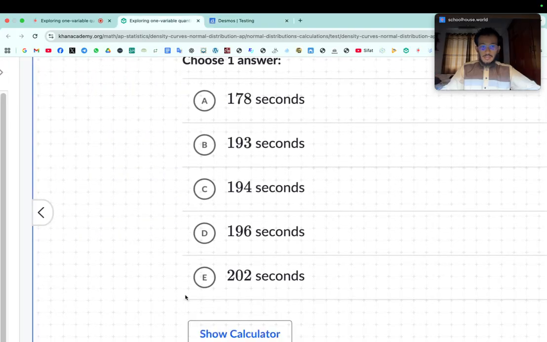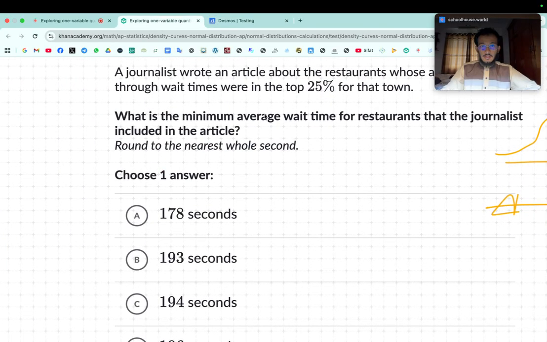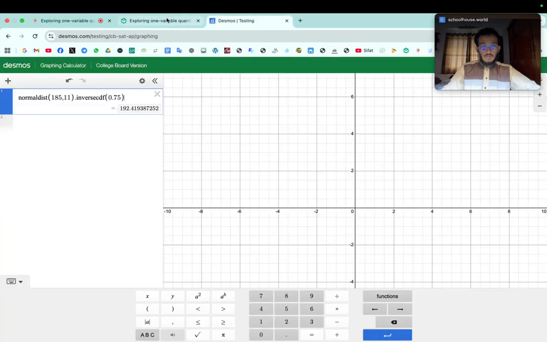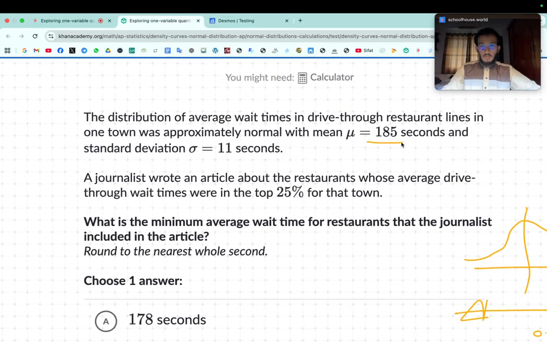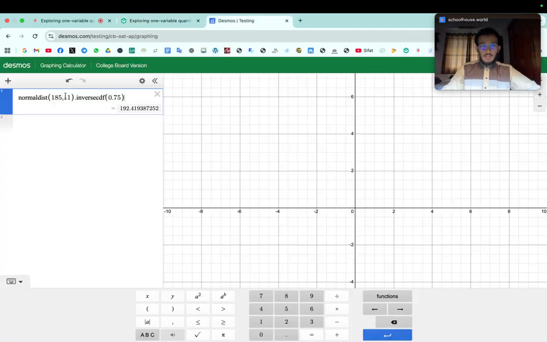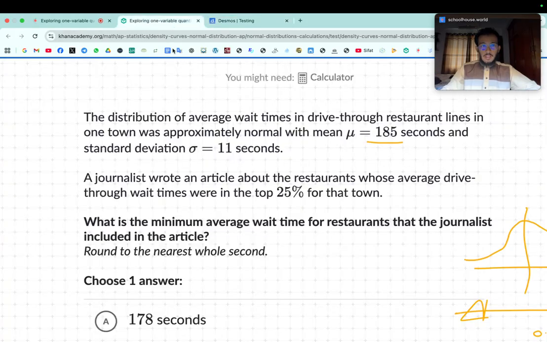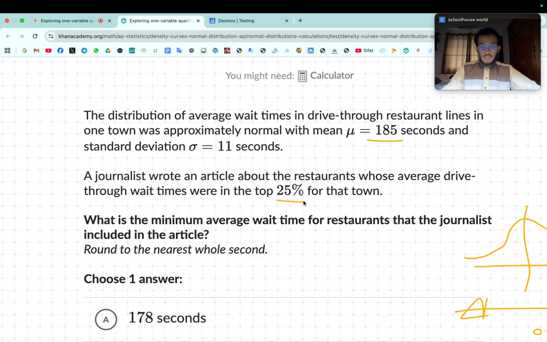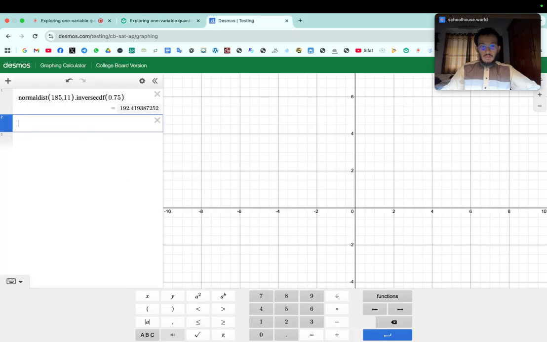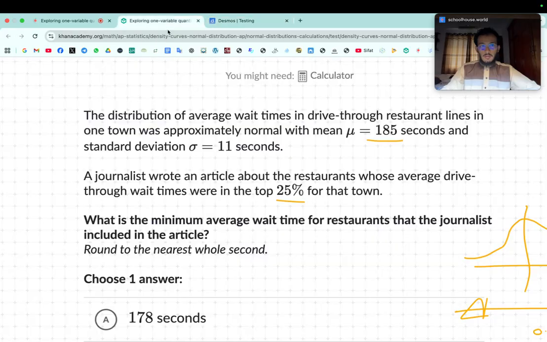So top 25% means 0.25, and we have mean 185 and standard deviation 11. So 1 minus 25%, so 0.75.